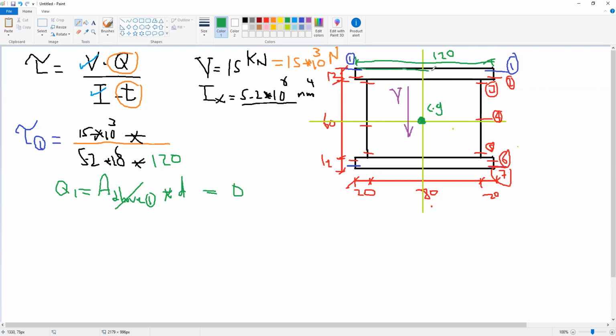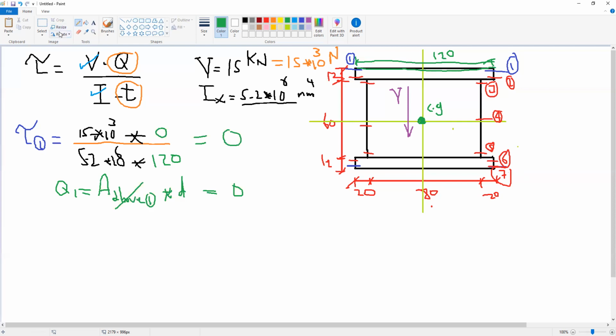This is section 1 here. So the area above 1 is 0. So how much is Q1? Q1 is equal to 0. So how much is the stress at 1? The stress at 1 will be 0. So for your information, the stress at the beginning and end of the beam will be 0. Why will it be 0? Because there is no area above the section. Okay? So this is for tau 1.